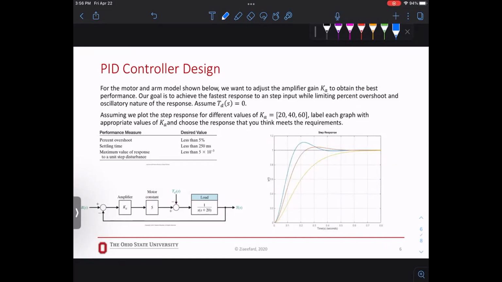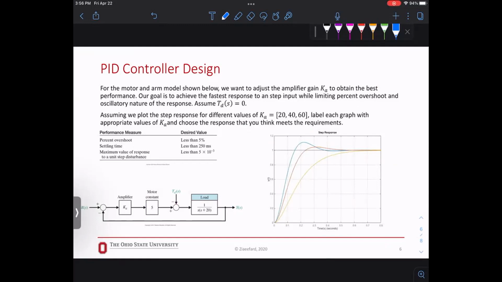You want to find the values for your amplifier that meet some requirement. You basically have to write what your controller is. And then here, for example, I've plotted your time response for 3 values of KA. My question is, label which one is which and choose which KA is desirable based on the specification that you have.